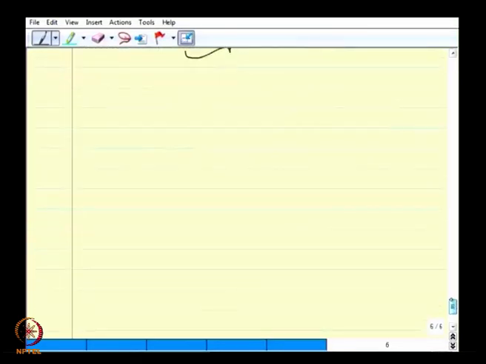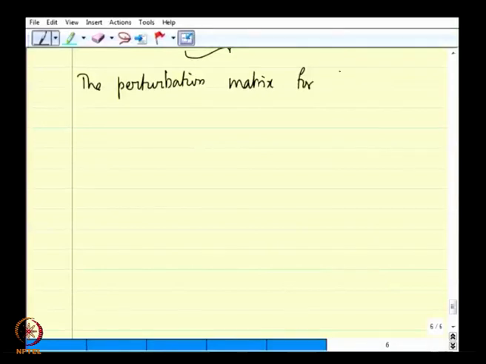It is also very straightforward to see now that the perturbation matrix element that you have to obtain, the perturbation matrix for En1 will now contain, if you write these as n1, n2, sorry it is n is 2 now, okay, we have a notation to worry about.